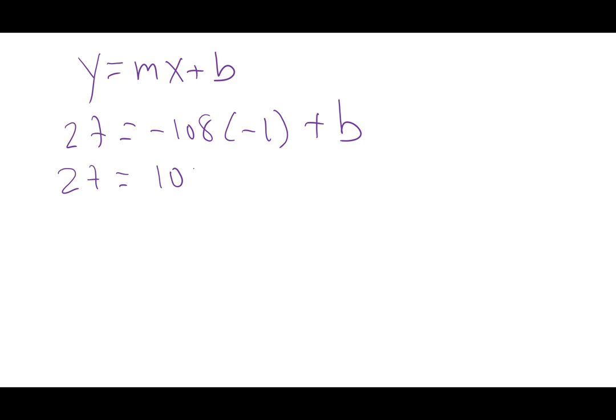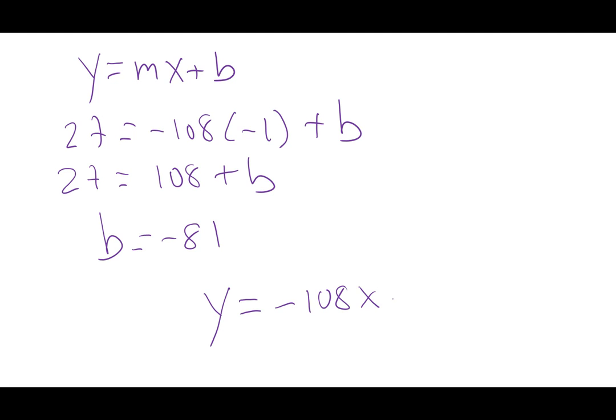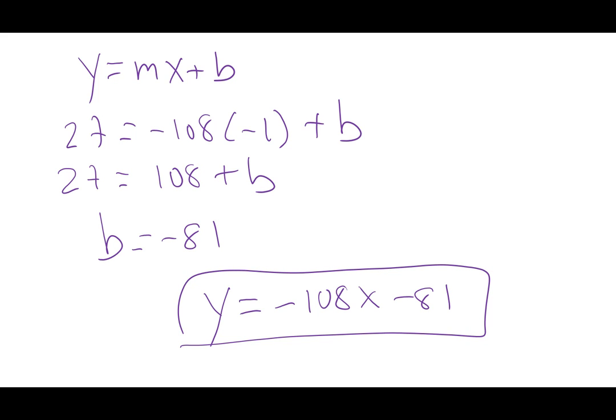So 27 equals 108 plus b. So subtract 108, b is going to equal -81. Put that all together, and the final equation of the tangent line would be y equals -108x minus 81. Obviously, those numbers are relatively large, but it matters not since we're not graphing them.